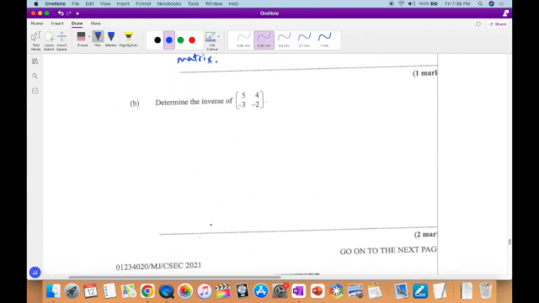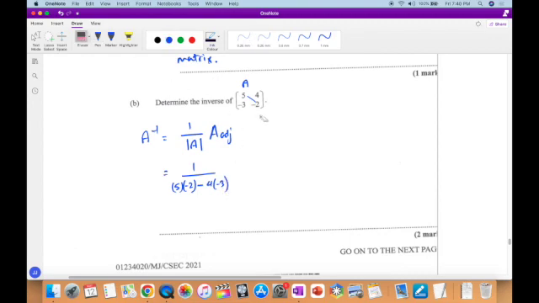Determine the inverse. Well, to find the inverse of a matrix, let's call this matrix the matrix A. So A inverse will be 1 all over the determinant of A multiplied by A adjoint. So the determinant is 5 times negative 2 minus 4 times negative 3.